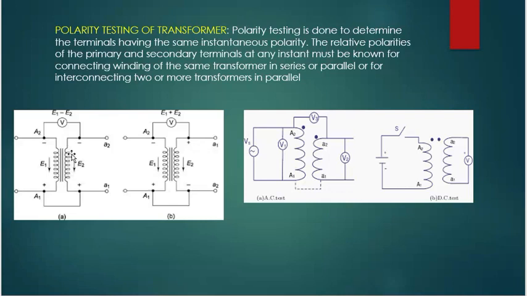If the polarities of the windings are as marked on the diagram, that is, when the transformer has a subtractive polarity, the voltmeter will read the difference between E1 and E2. And if the voltmeter reads E1 plus E2, the polarity marking of one of the windings must be interchanged.